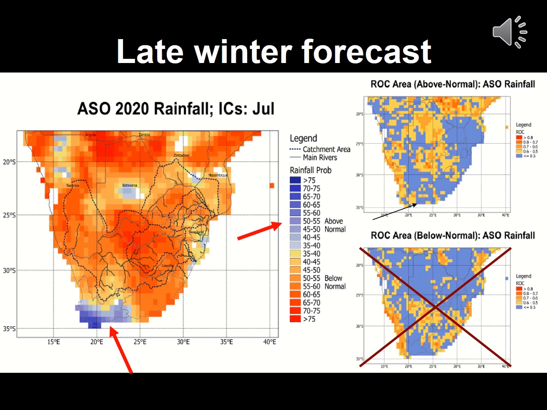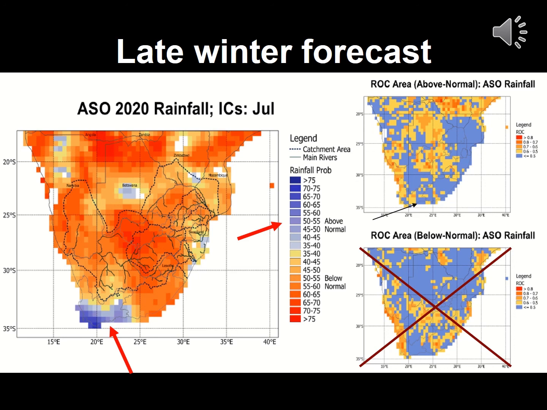If you happen to be in the yellow or orange regions, the skill is a little bit higher. So essentially what we're saying is, while we have issued a forecast and the forecast has some sort of a signal which is saying that it's likely to be above normal, historically this forecast has not been very skillful. So we advise that you do not put too much trust into what this forecast is saying.